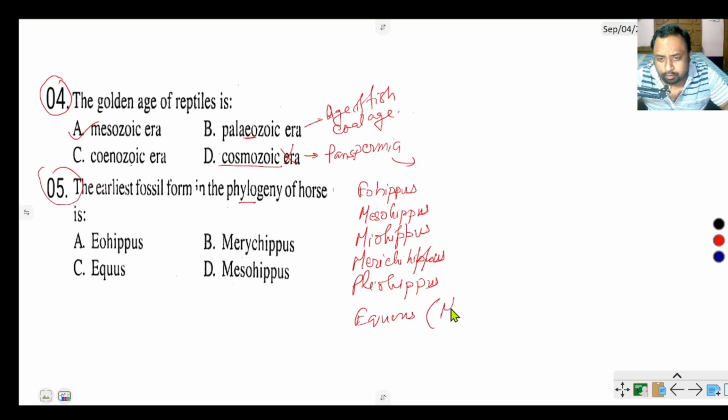This is the modern horse. And the earliest horse is Eohippus, that is also called the dawn horse.